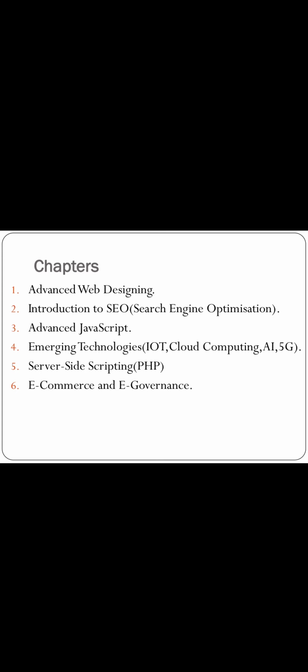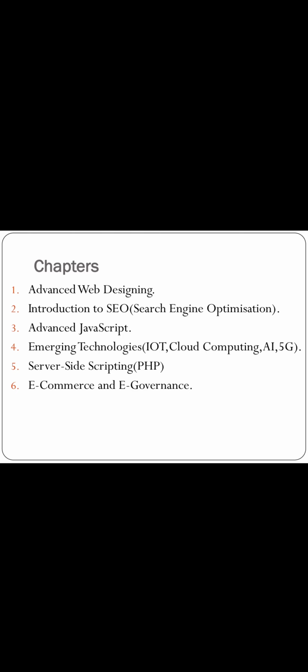Moving on to the next chapter, that is advanced JavaScript. We have already studied JavaScript basics, where we studied different controls, the data types, the variables, and then later we saw client side scripting, in which we developed small client side scripts.